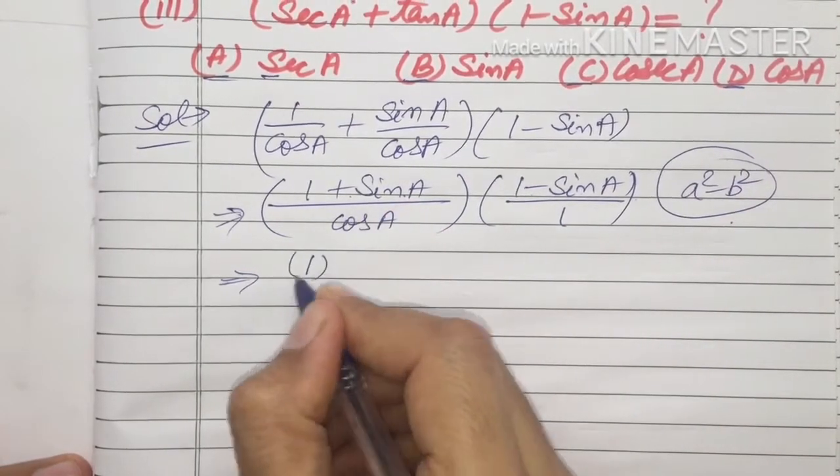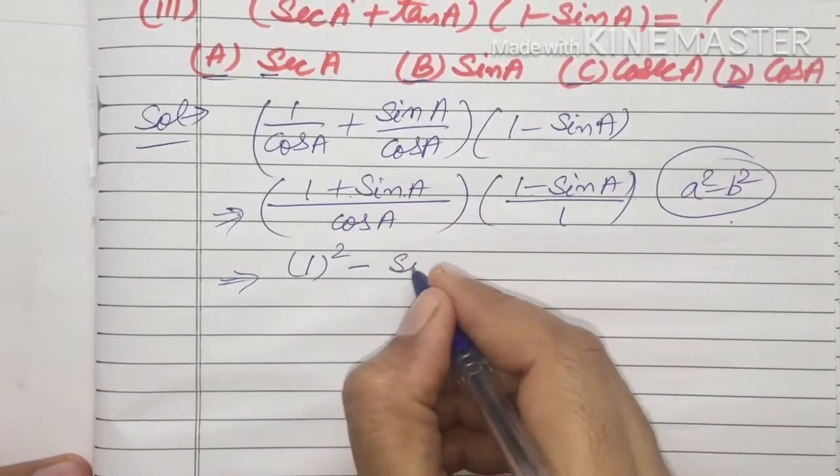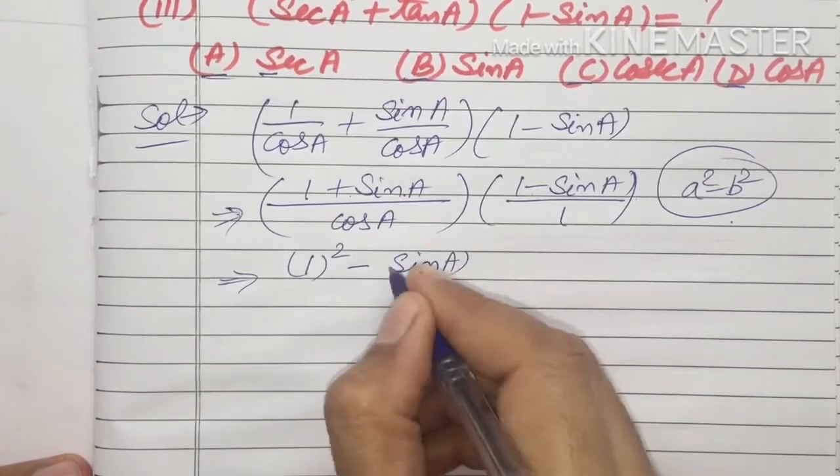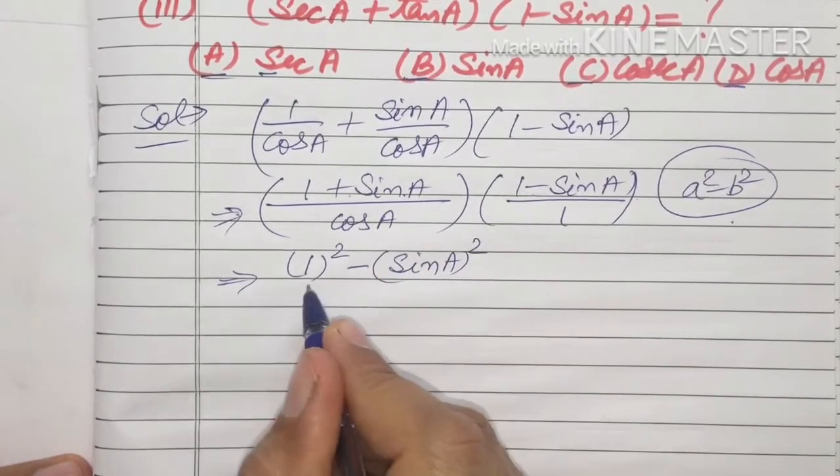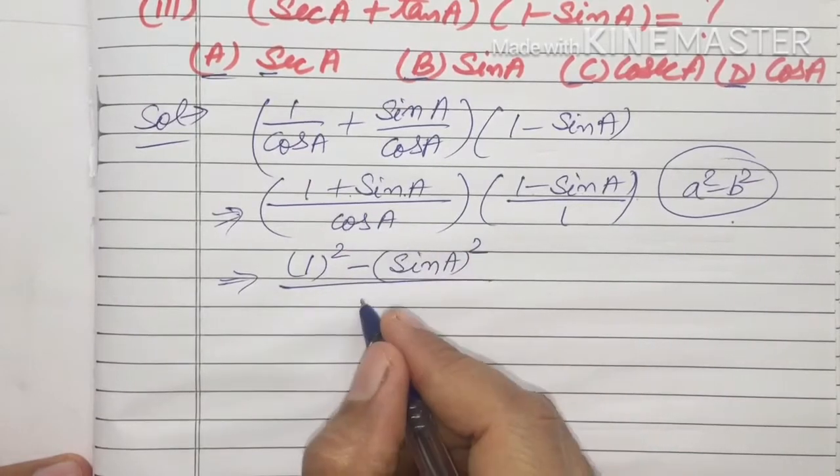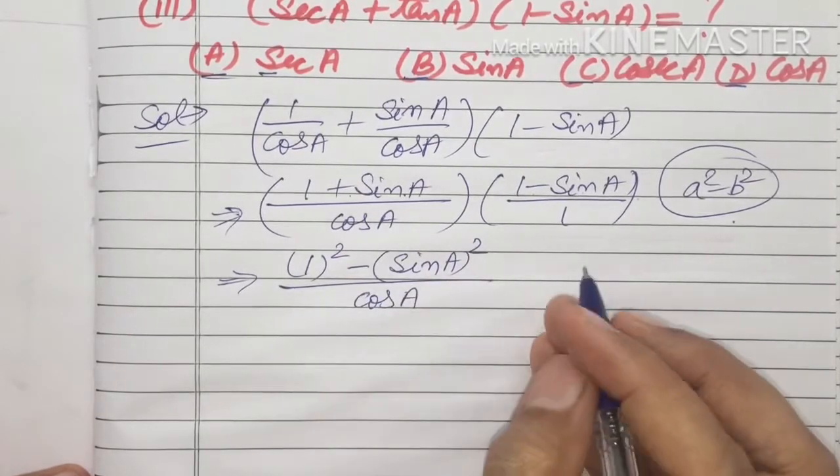So A square means square of 1, B is sine, so square of sine A, A square minus B square, and upon cos A is there.